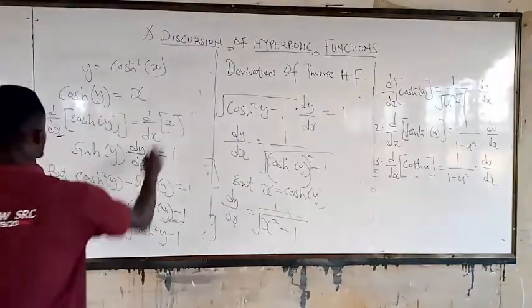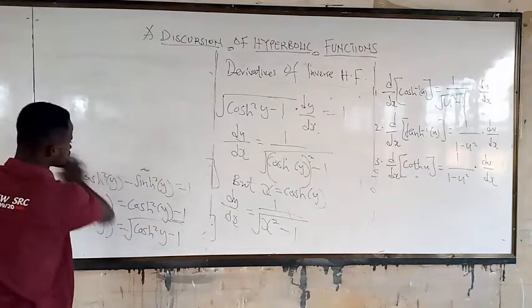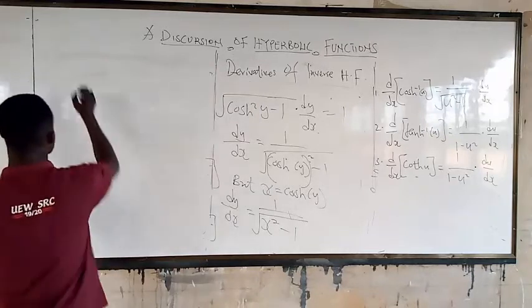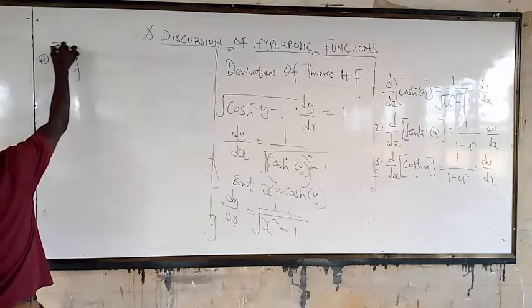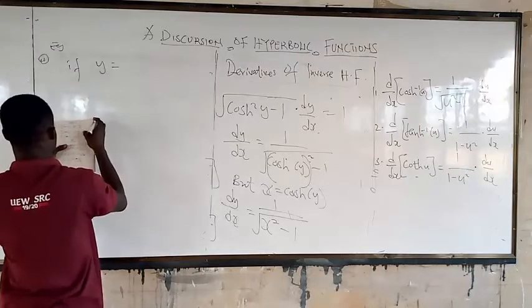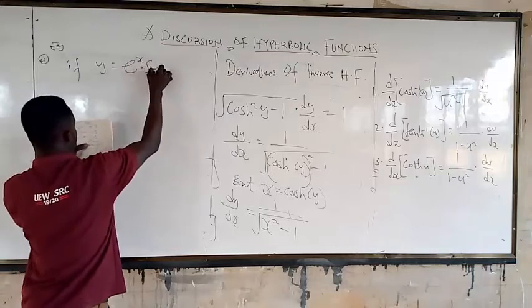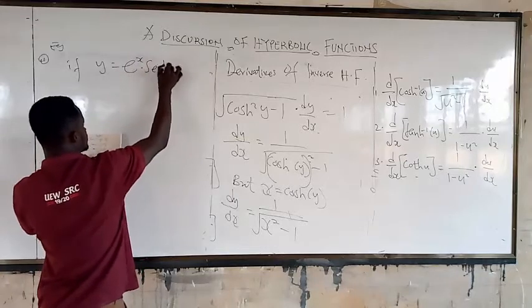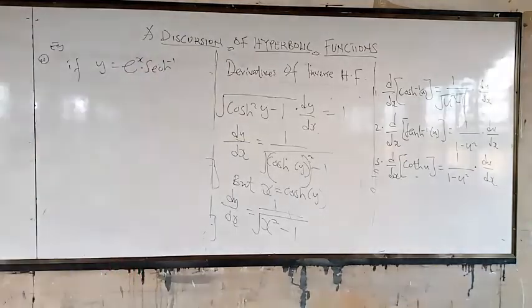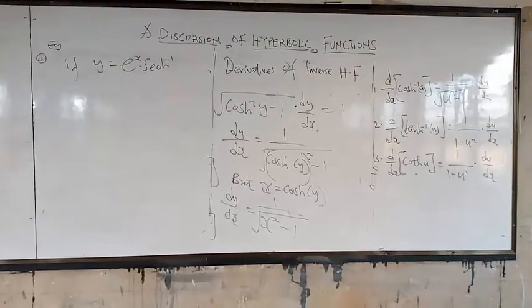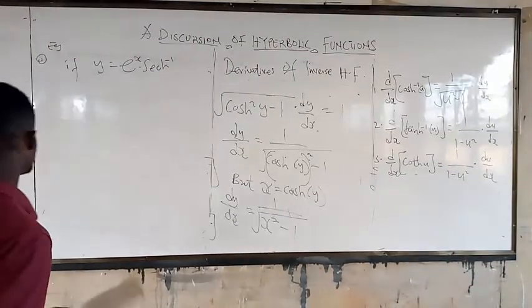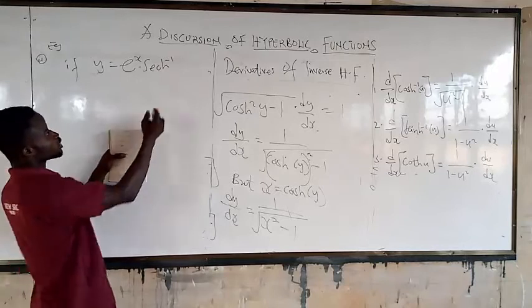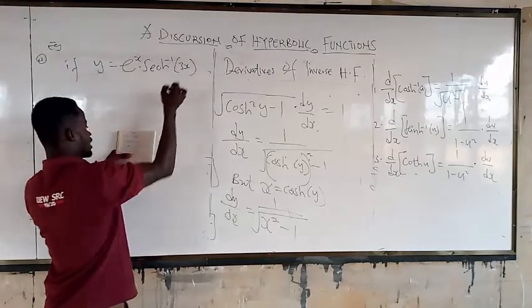So, our first example. If y is equal to cot inverse of 3x squared.